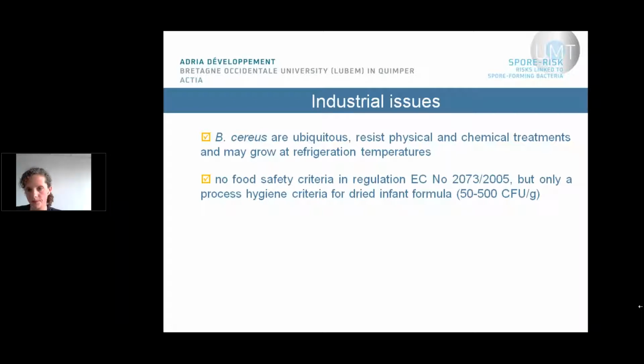This level ranges between 50 and 500 CFU per gram. But it is usually well recognized that a level of 3 log contamination is used as an alarm threshold to screen raw material and end products.